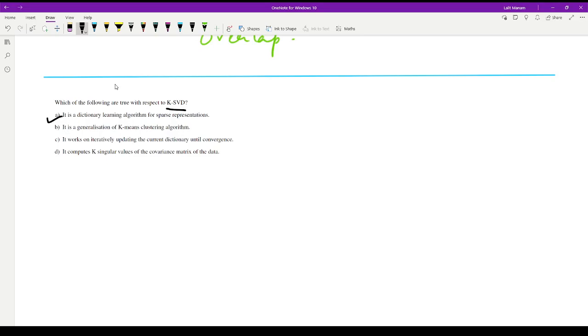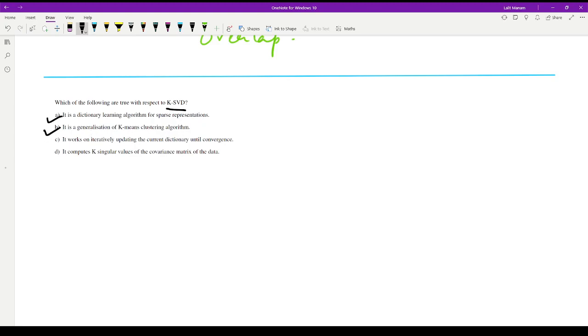So here we would not like to represent it as a one hot vector, but we would like to have more elements which are non-zero. But of course, it is still sparse in the sense that most of the elements are still zero and some of the elements are non-zero. So yes, it's a generalization of k-means clustering algorithm.